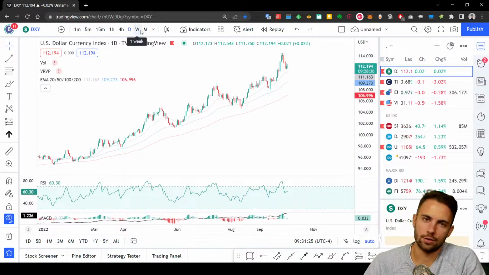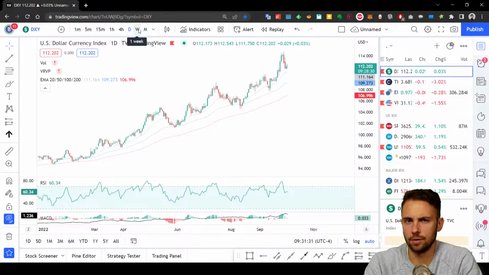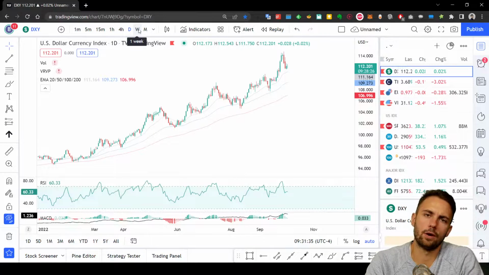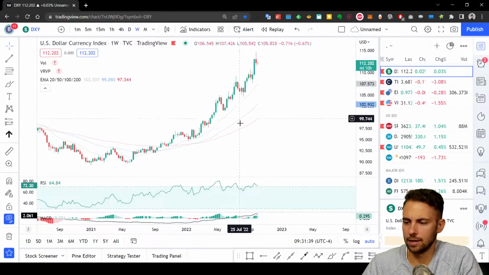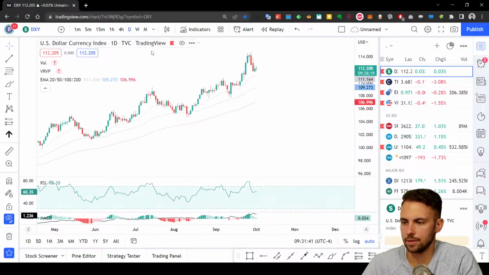Another important element in terms of confluence, I mean that juxtaposition of different signals coming out of different indicators at the same time, is analyzing the RSI index.